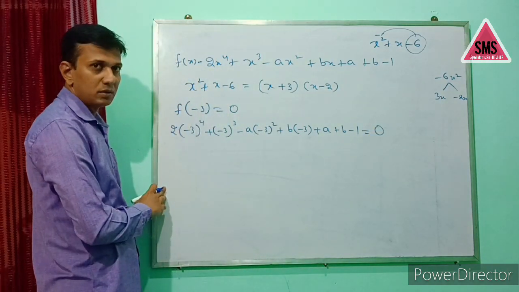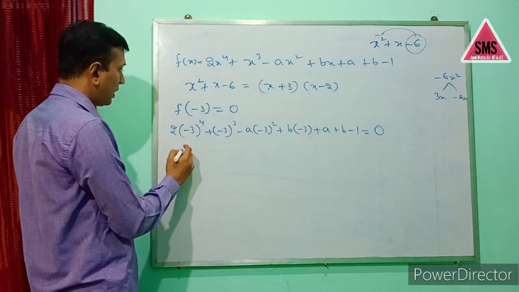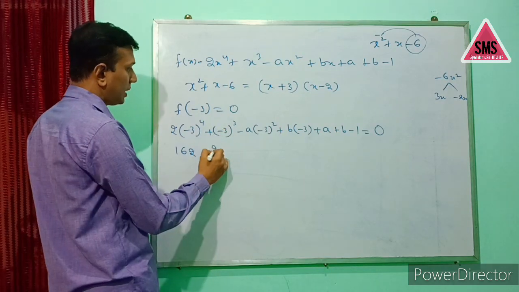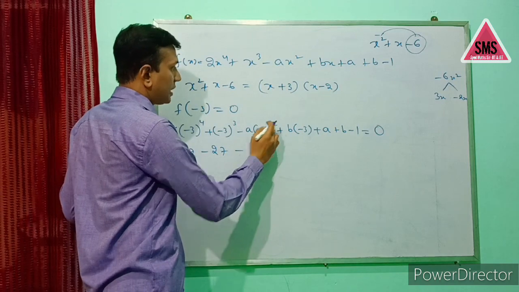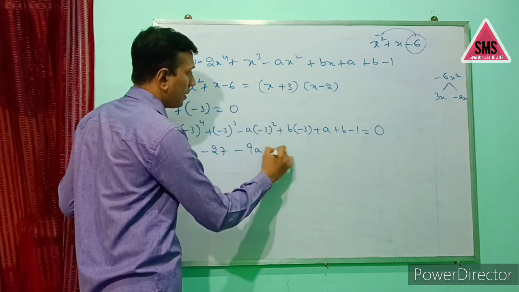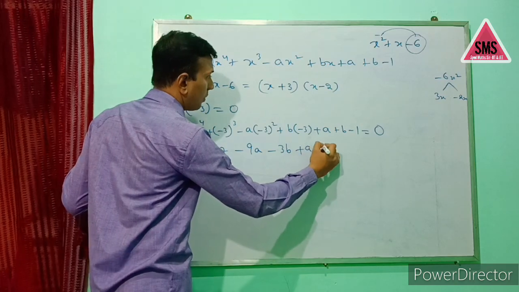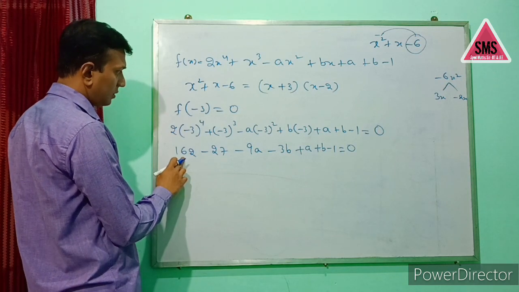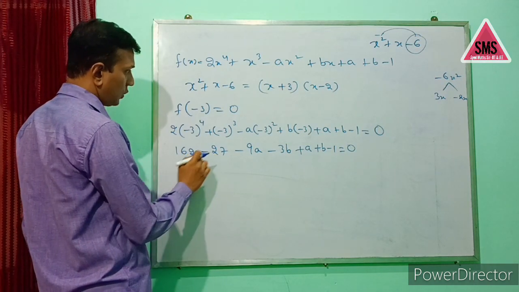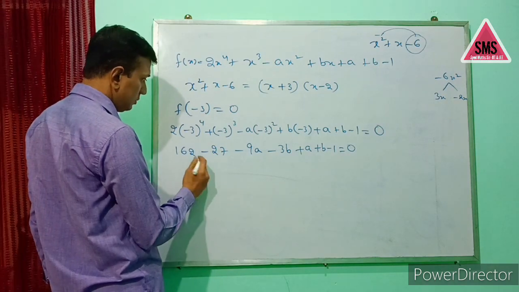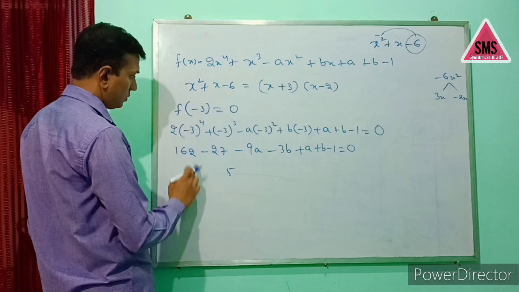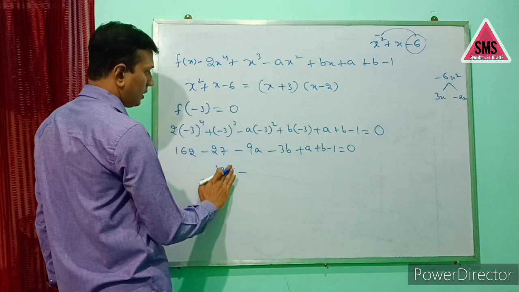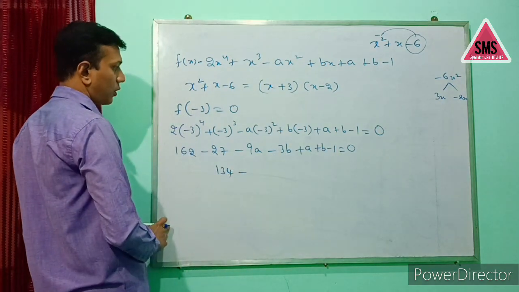Minus 3 whole power 4 is 81. 81 into 2 is 162. Minus 3 whole cube is minus 27. Minus 3 whole square is 9, so 9a. Minus 3b plus a plus b minus 1 equals 0. Now simplify. 162 minus 27 is 135, and 135 minus 1 is 134.